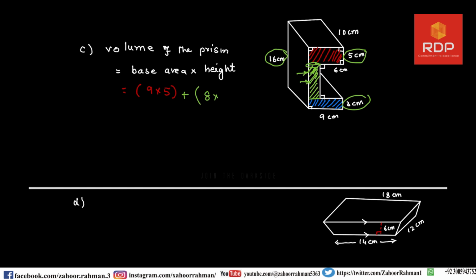Multiplied by what will be this area, because this is 9, and then you have to subtract this area, and that is 6. So 9 minus 6 will be 3. And then the third area, I am writing it in blue, is 9 multiplied by 3.